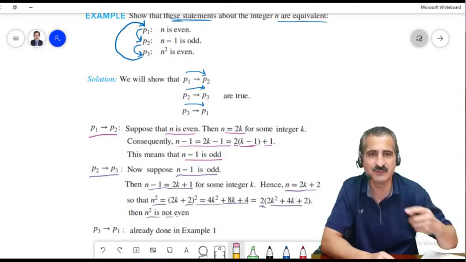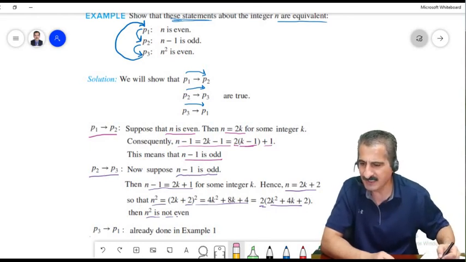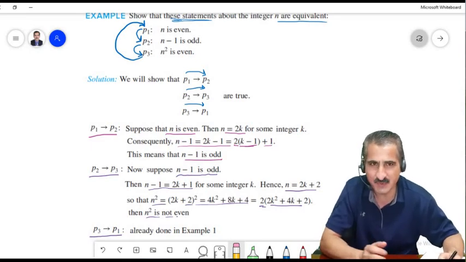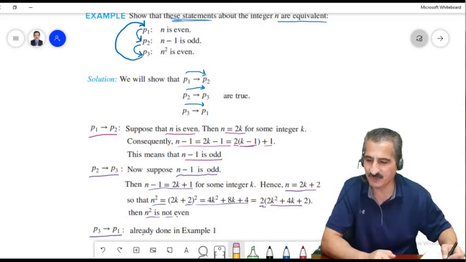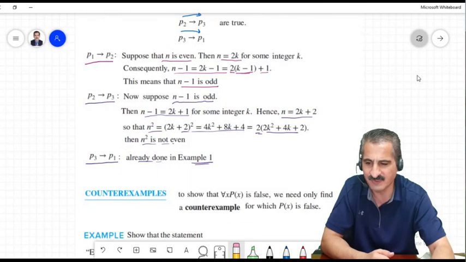So P2 proved P3. Now we want to prove P3 gives P1, which means if n square is even, then n is even. And we have already proved that in example 1, the very first example. And then we are done. So this is the way to prove equivalences.